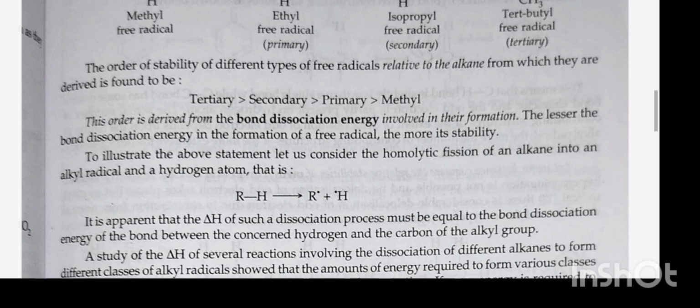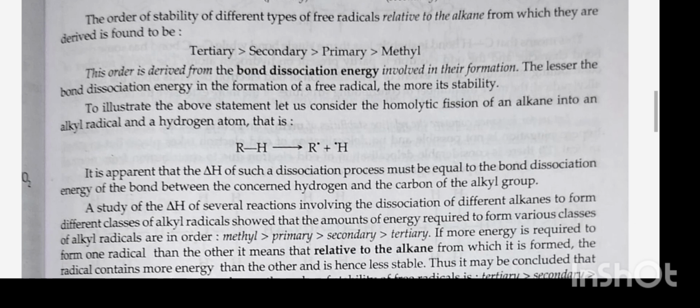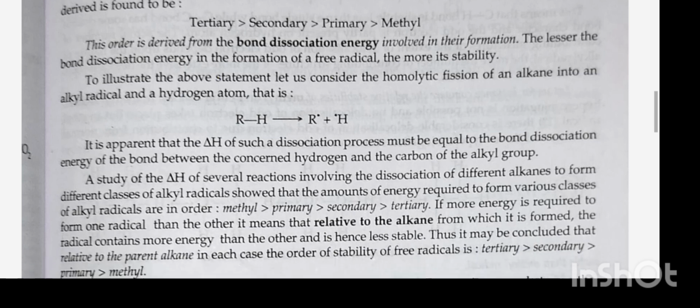This order is derived from the bond dissociation energy involved in the formation. The lesser the bond dissociation energy in the formation of a free radical, the more the stability. To illustrate the above statement, let us consider homolytic fission of an alkane into an alkyl radical and a hydrogen atom.